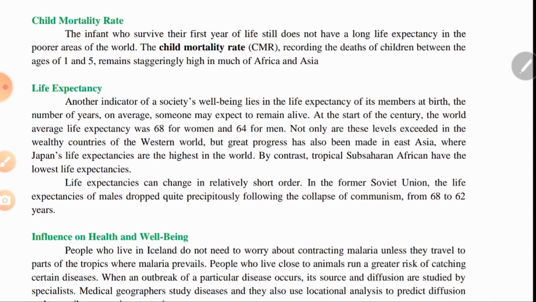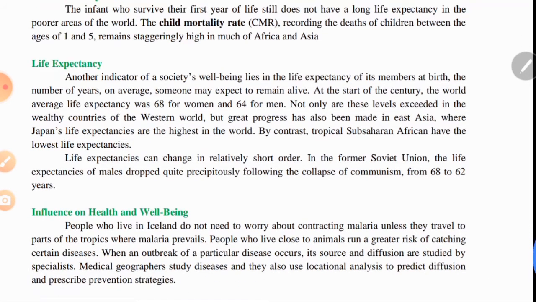By contrast, the tropical sub-Saharan African countries have the lowest life expectancy because doon sa part na yun, the spread of AIDS over the past 2 decades has lowered life expectancy. Then life expectancy can change in relatively short order.